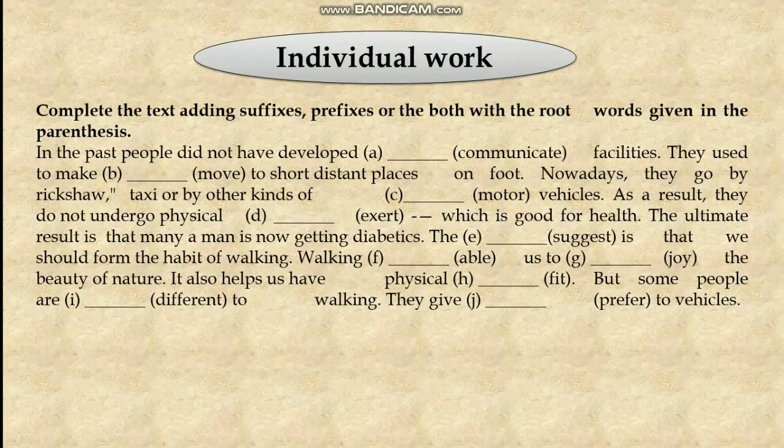There is a passage with some words in brackets, and the words in brackets are in incorrect form. You will have to correct them by adding a prefix or suffix or both. Okay, try.